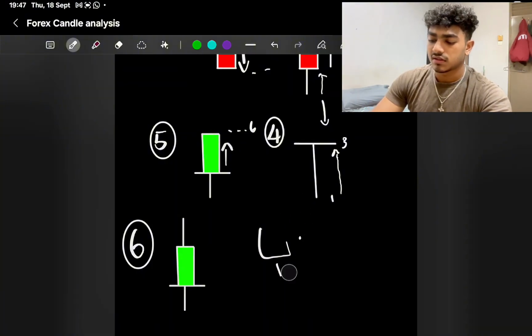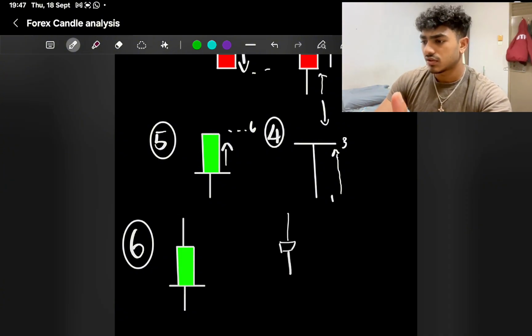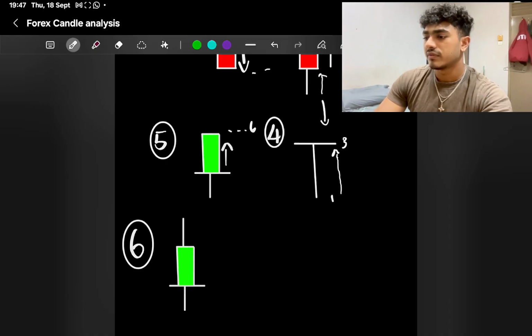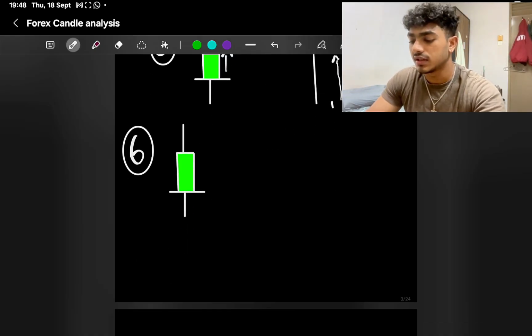Doesn't make sense to me. So again, follow TJR. He's the one who said it doesn't make sense. He only follows dojis if I'm not mistaken, which are candles with very long wicks at the top and bottom, whether green or red doesn't matter. He just mentioned it last time, but I don't see him using it, so I don't use it either.